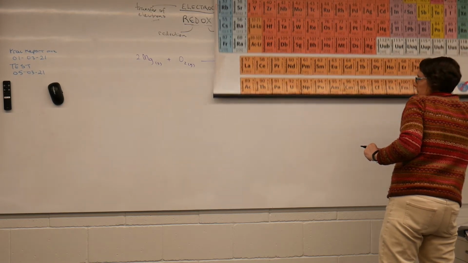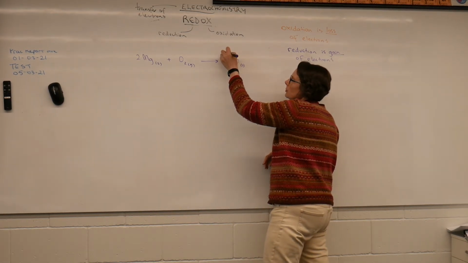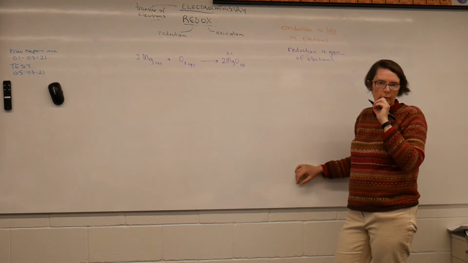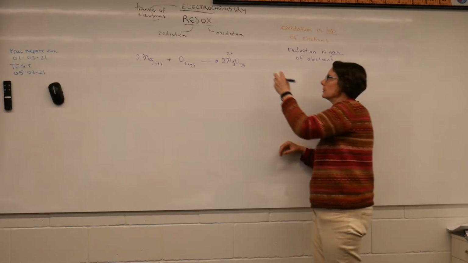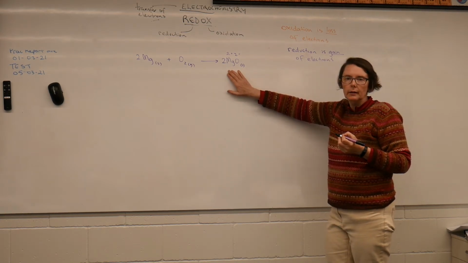Same here. In this case, if I think about what's happening with my magnesium, it's forming a 2 plus ion. What's the charge on the oxide ion? 2 minus. That's why they're in a 1-to-1 ratio in the ionic structure.